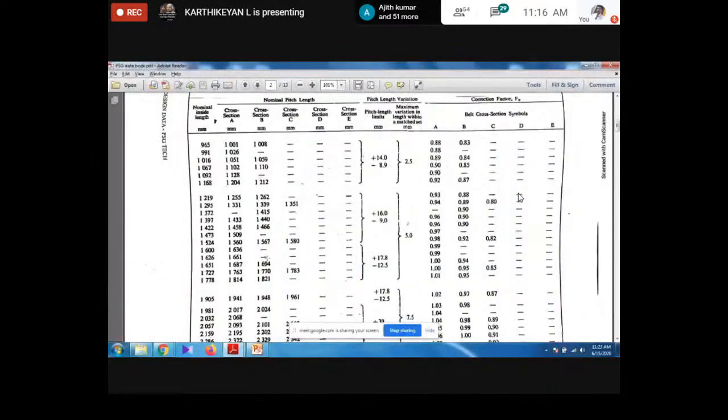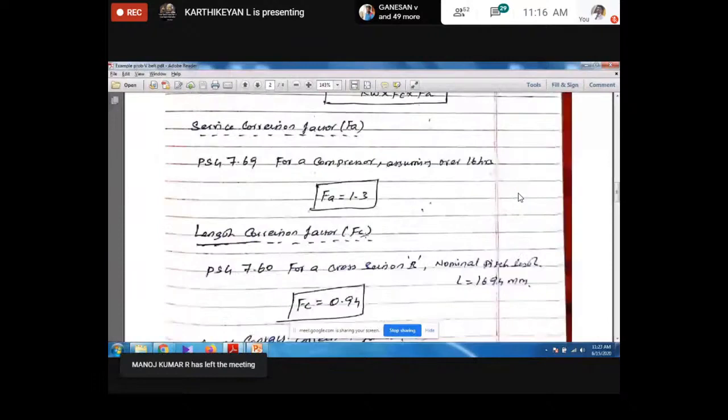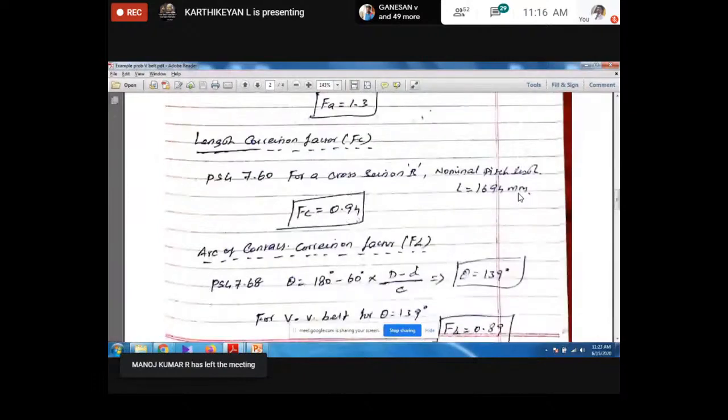So the nearest value is 1694. For the nearest value, I am going to find the length correction factor. This is about 0.94. I'm selecting the B cross section. This data is for the length correction factor. For 1694, I am getting this value 0.94. So the length correction factor FC is equal to 0.94.